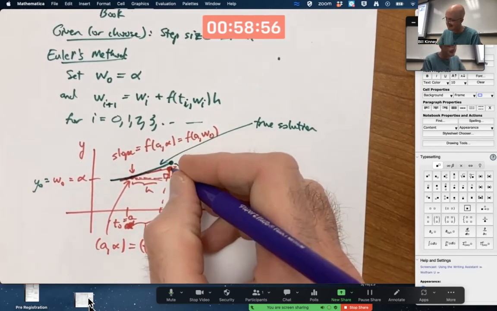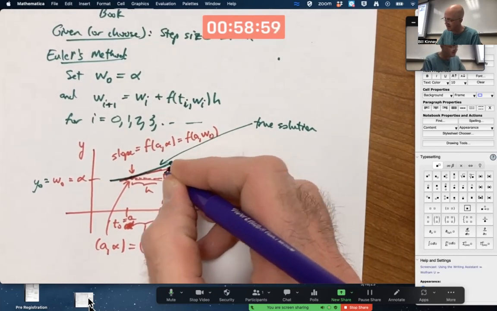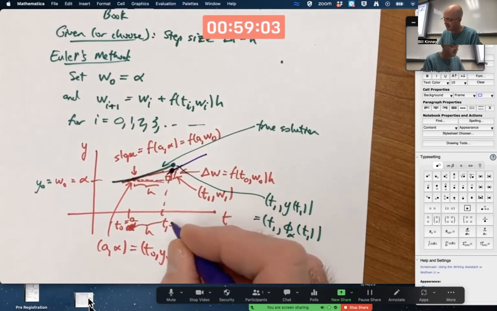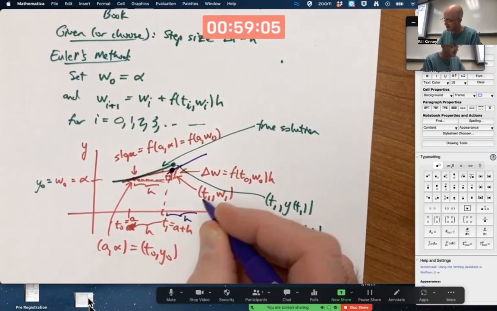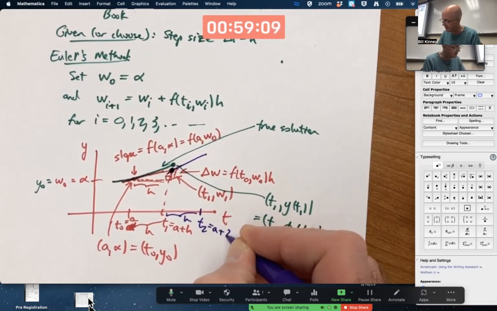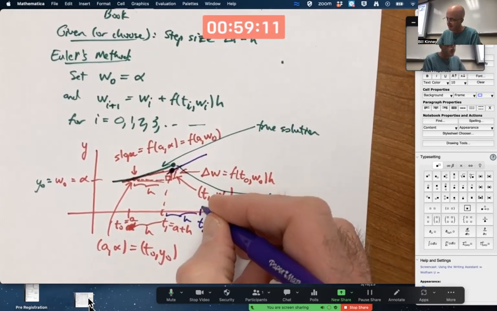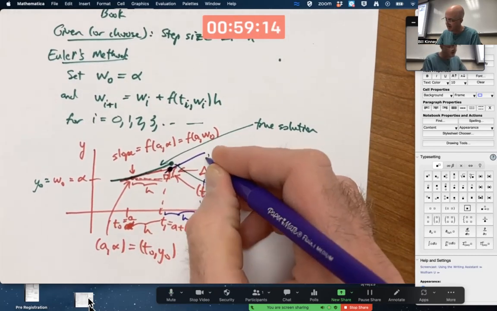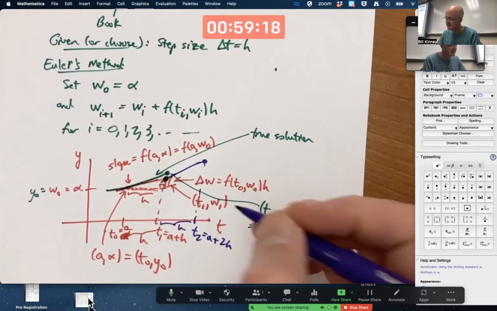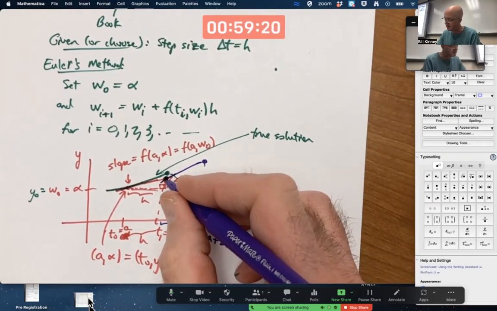So now you use the slope at this point and follow it forward in time by h units of time, to get to t2, which is t0 plus 2h, and find the coordinates of that point in the same kind of way we found the coordinates of this point there.